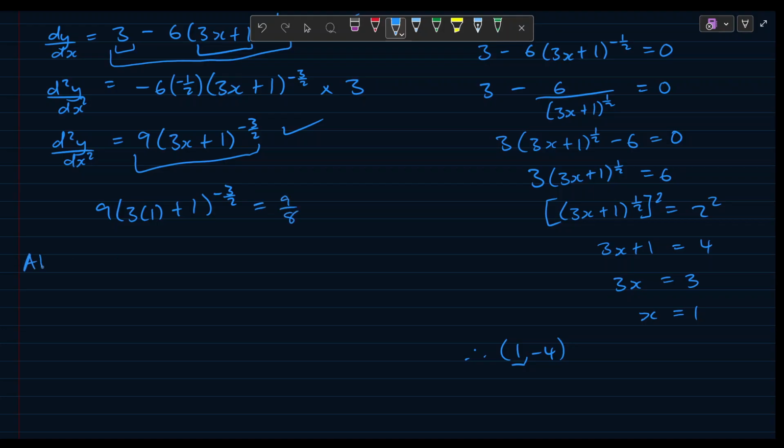So at the point (1, negative 4), our second derivative d squared y/dx squared is equal to 9 over 8, which is greater than 0. Hence, we have a minimum point. And that's going to be our final answer.